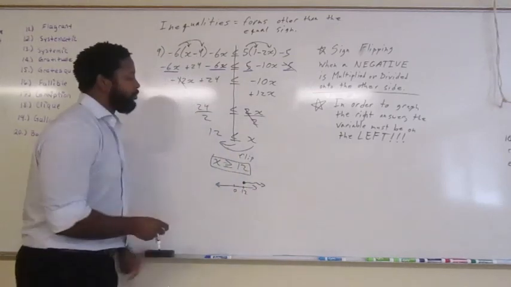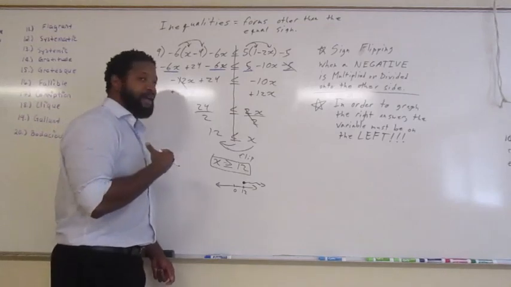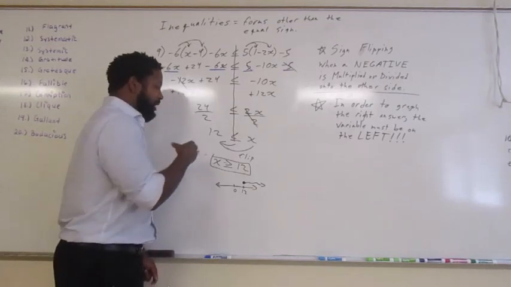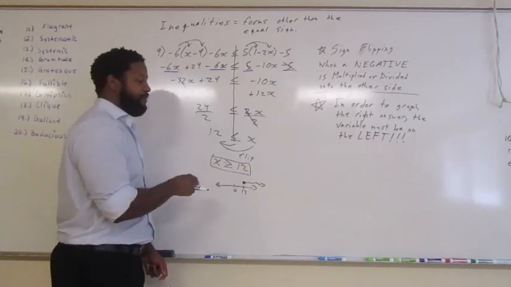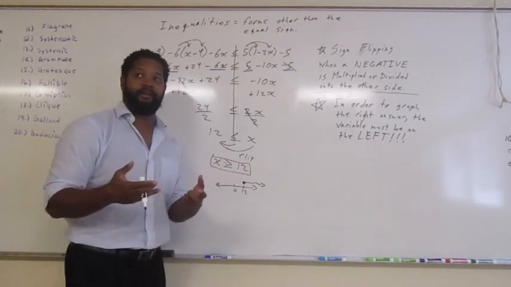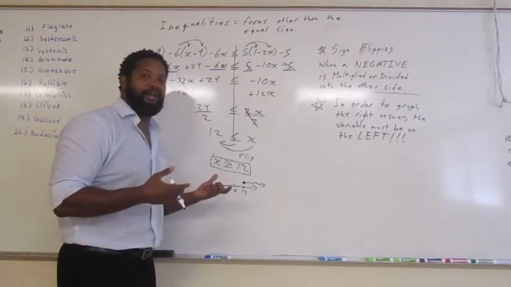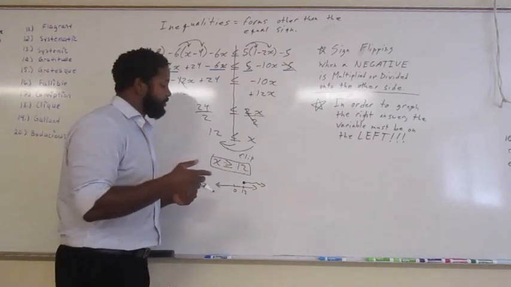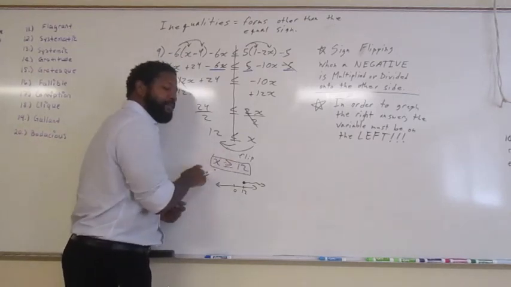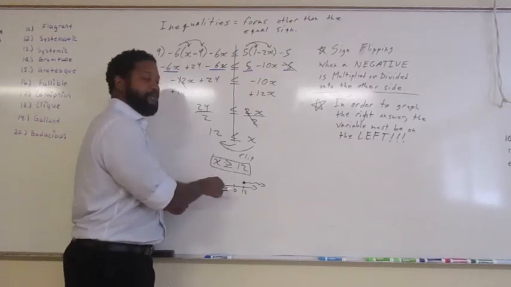If you've been doing math as long as I have, I would automatically read this like, okay, we're going to the right. But for those of you looking at this for the first time, online or in here, it's best if you flip it, because that way you'll be able to graph it correctly.